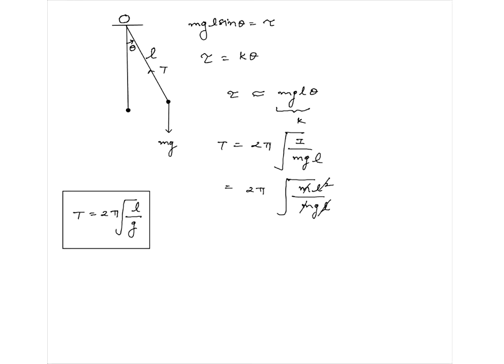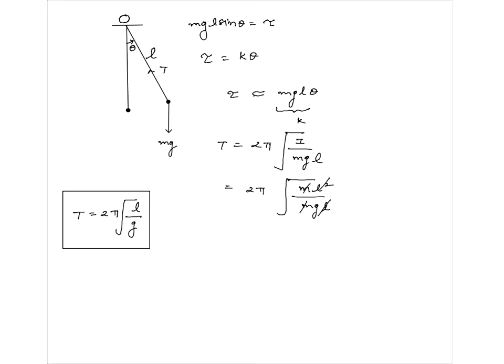You will measure time, capital T, using a stopwatch. You will measure the length of the string, or the length of the string would be given to you. So you would measure T, you know L, and you will find g.